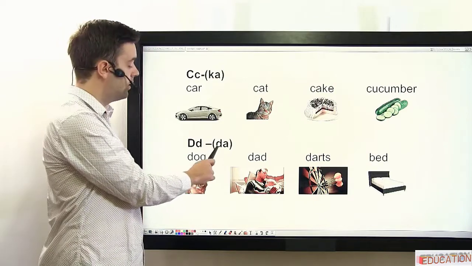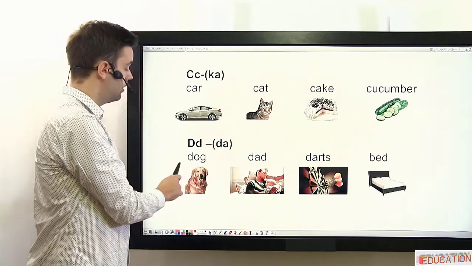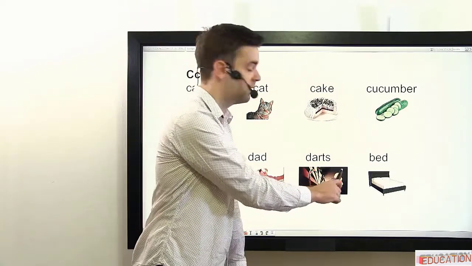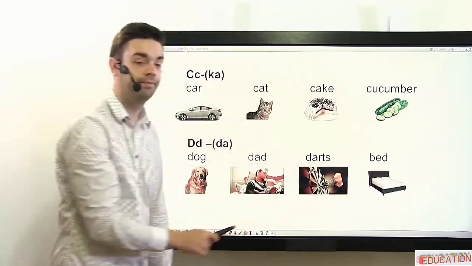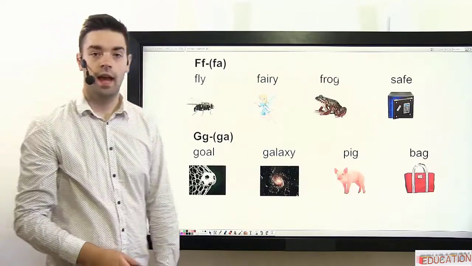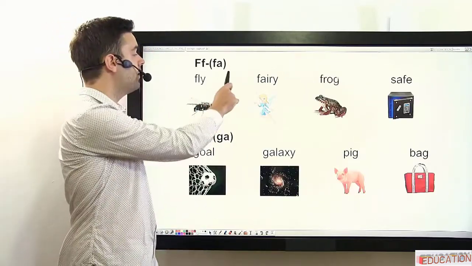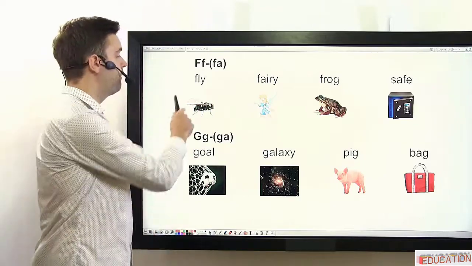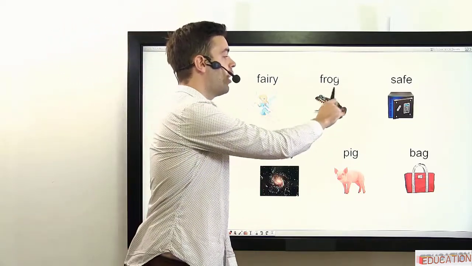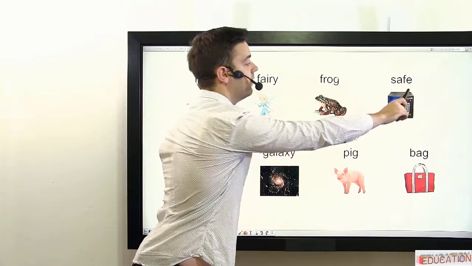D: dog, dad, darts, bed. F: fly, fairy, frog, safe.